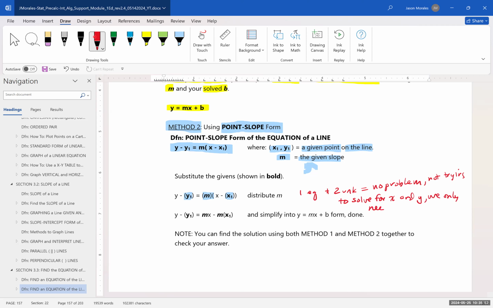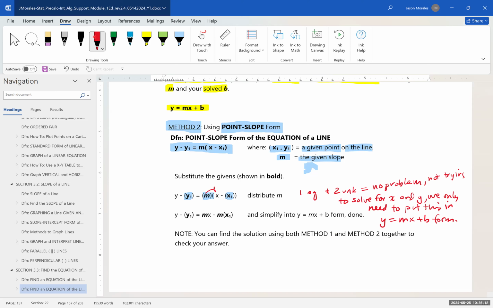We only need to put this in y equals mx plus b form. That's it. We just have to do some algebraic manipulation to rearrange this and put it into y equals mx plus b form. That's what I've said here.